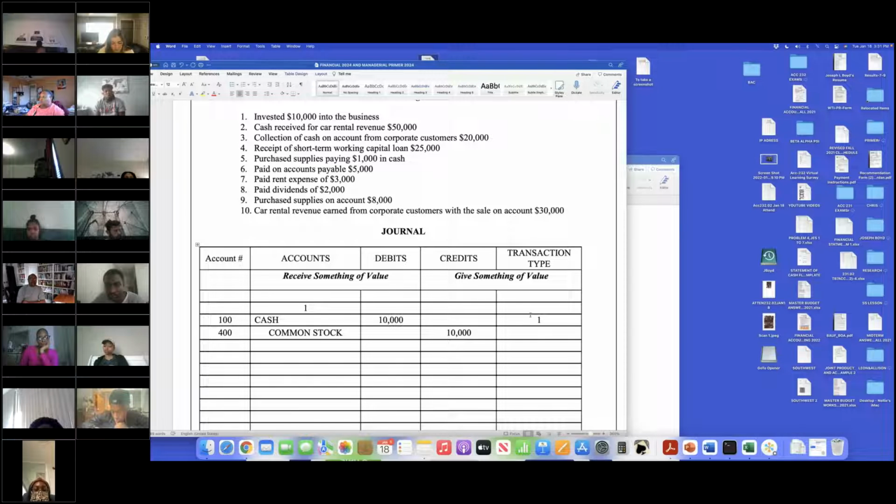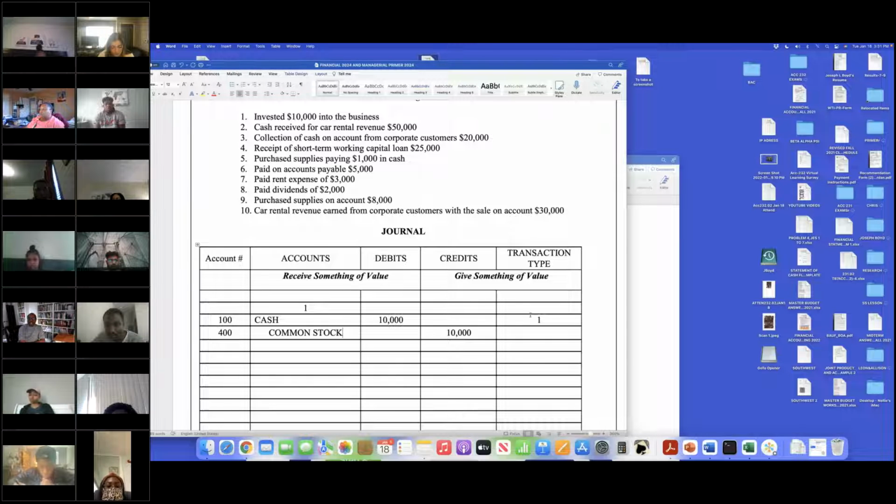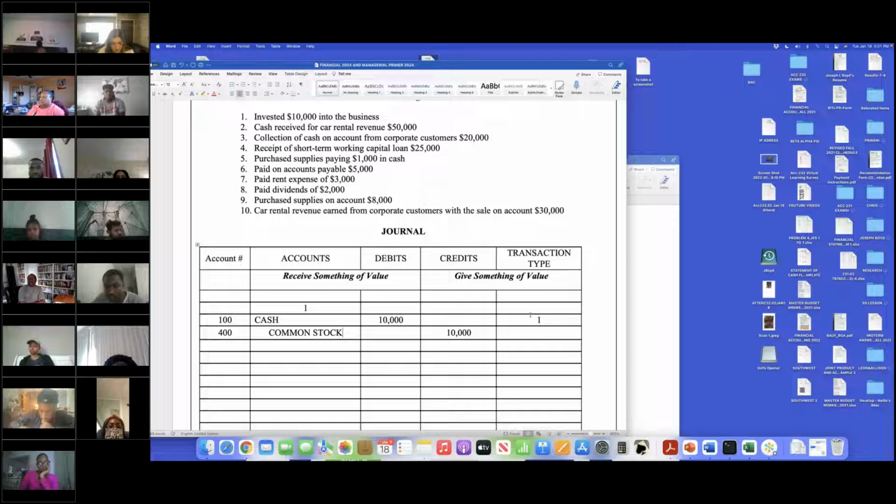So we have a little car rental business. The second thing this business did was it received cash for car rental revenue. It got some cash for car rental revenue. So we need a journal entry type.